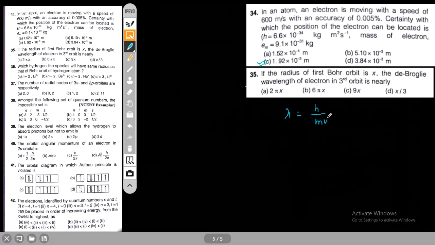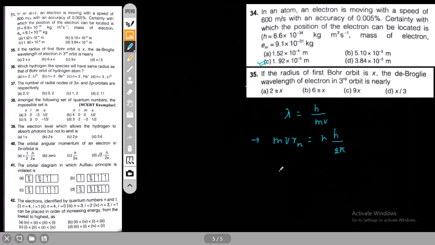This is what we have to find out. Correct. So we can use this relation that angular momentum mvrn, where rn is the radius of nth orbit, is equal to the integral multiple of h by 2 pi, n h by 2 pi. This is the formula we have.